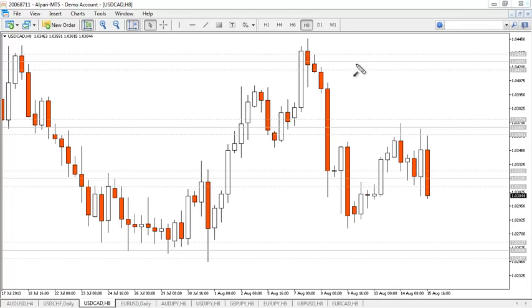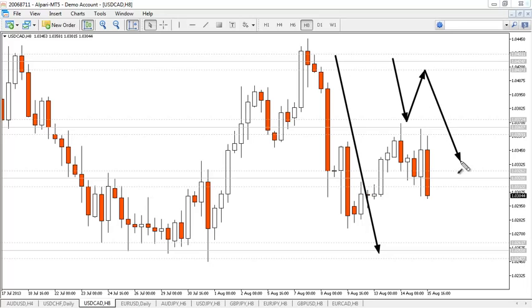So just because the weekly chart is moving down, price on the 8 hour chart is not going to move straight down. There's always going to be points in that trend where price has to come back up for a bit and then move down, and has to come back up for a bit and then move down. And usually you're going to see that when price is coming back up, it does it from the support areas, and you can enter a reversal trade there, and then you can enter a reversal trade on the way back down in the direction of the trend.